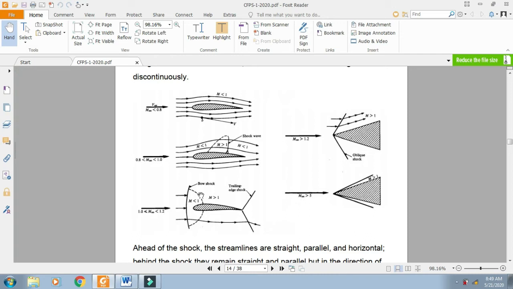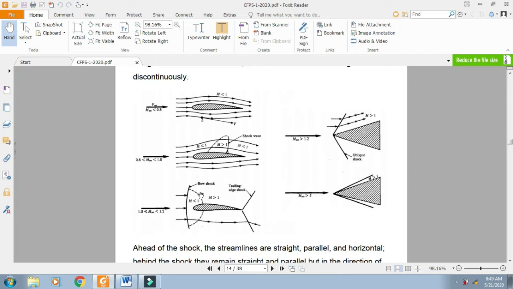If we see the figure of this case, a shock occurs before the airfoil. We will be discussing the different types of shock in the next lectures. Since the flow is slightly supersonic, greater than 1, it does not know in advance that an airfoil is ahead.